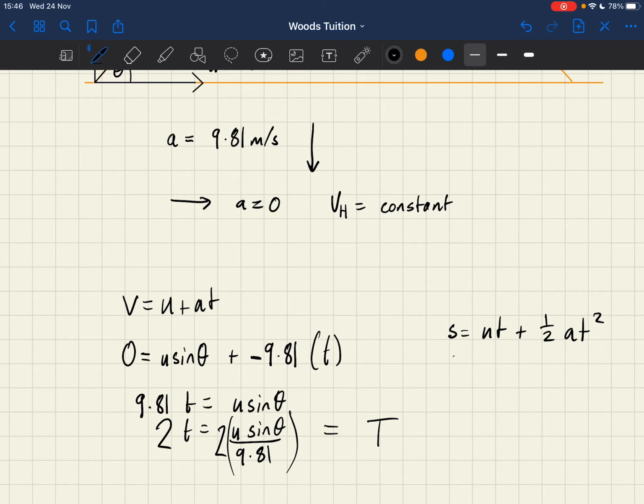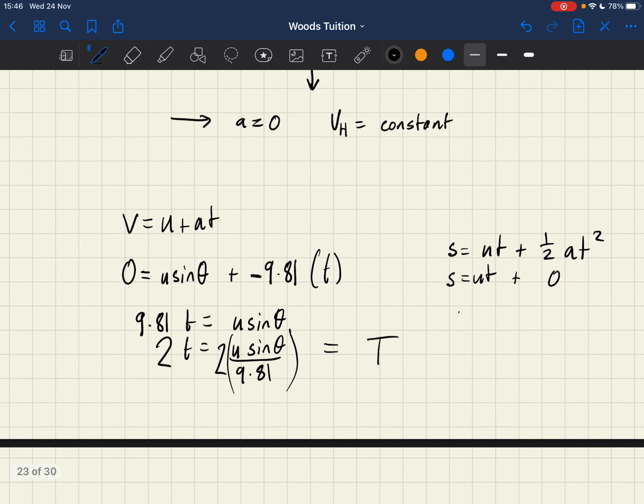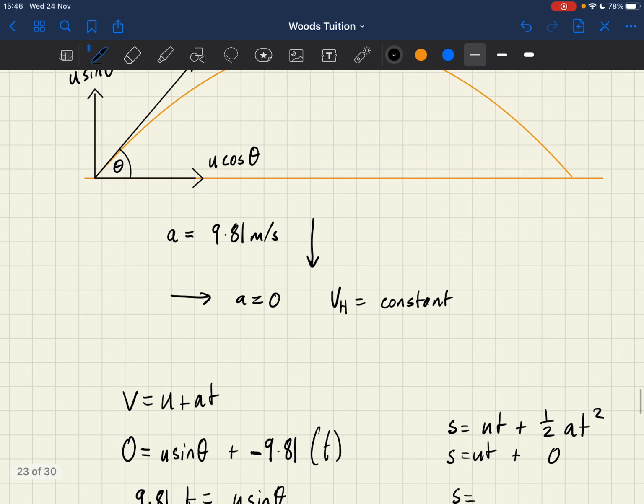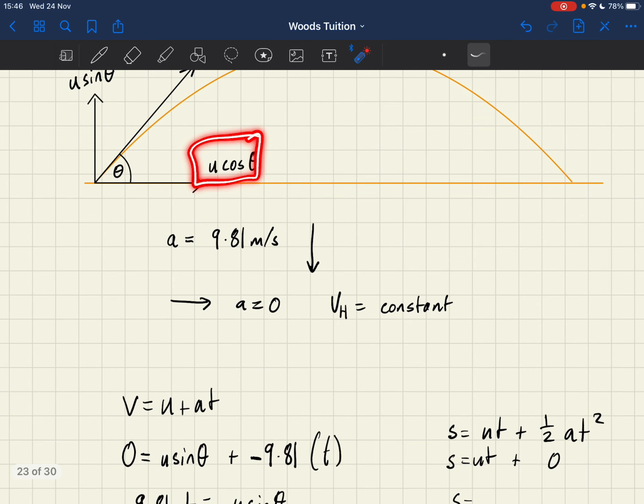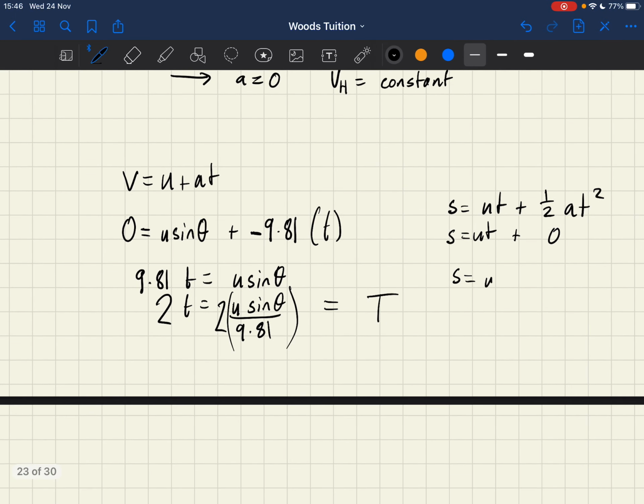So s is equal to ut plus 0, as whenever the acceleration is equal to 0, this whole factor is equal to 0. So s is just equal to ut. The total range is equal to the horizontal component of velocity, which we took as u cos theta, times time.